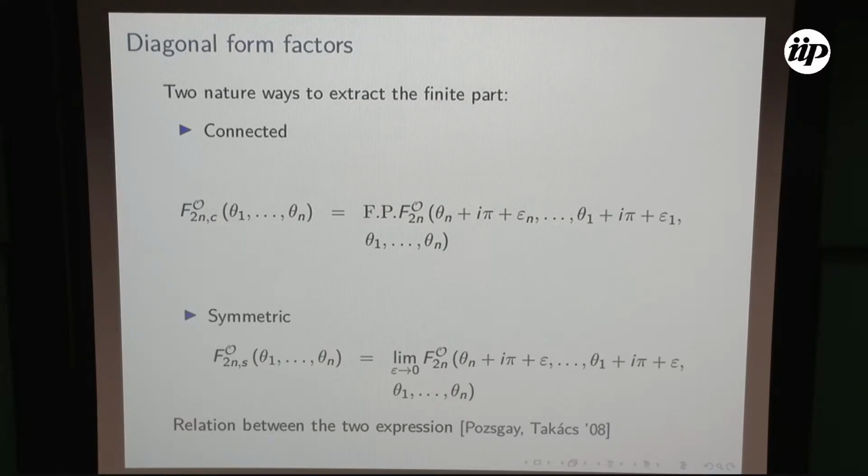That also gives you something a bit modified from the connected, but there's a nice relation proved by Pozsgay and Takacs in 2008 in their finite volume form factor articles. Okay, so these are two important evaluations that are going to be present in the calculation.